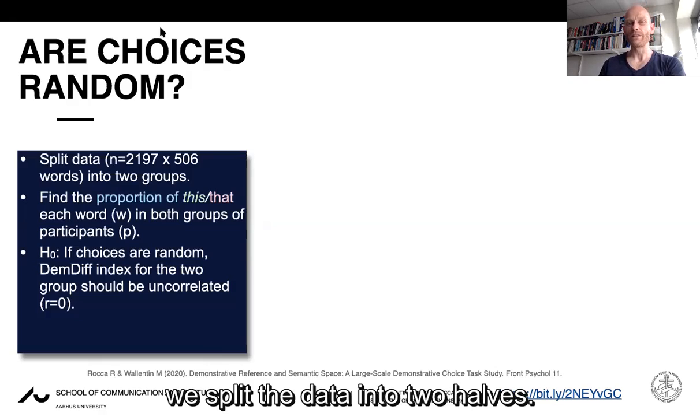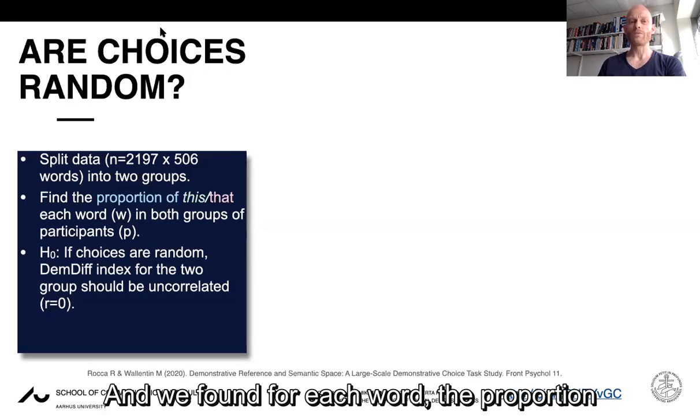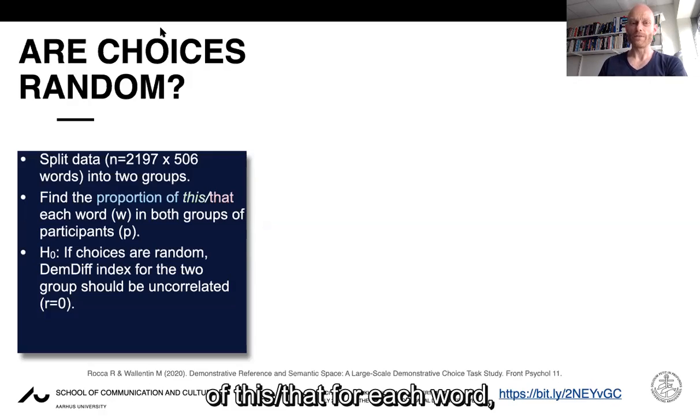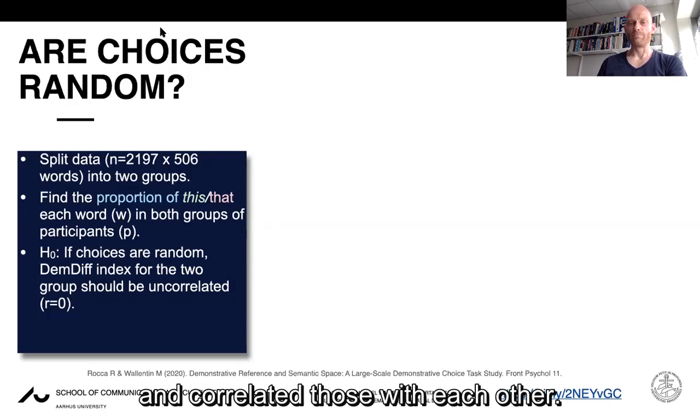We split the data into two halves, and we found for each word the proportion of "this" / "that", and correlated those with each other.